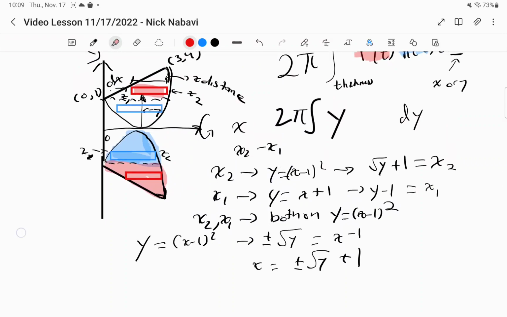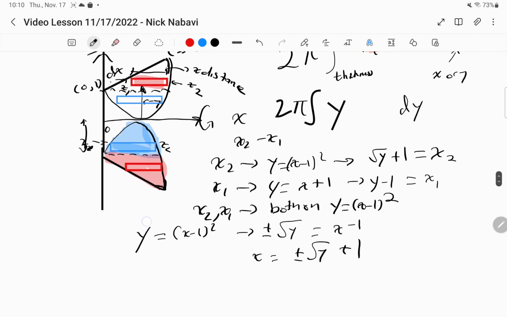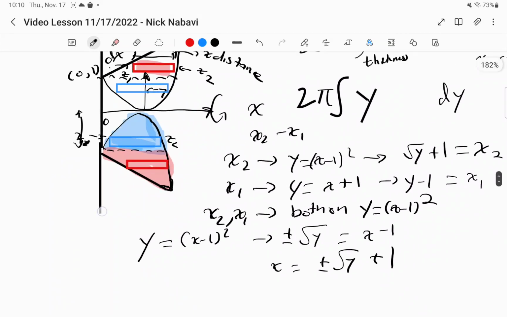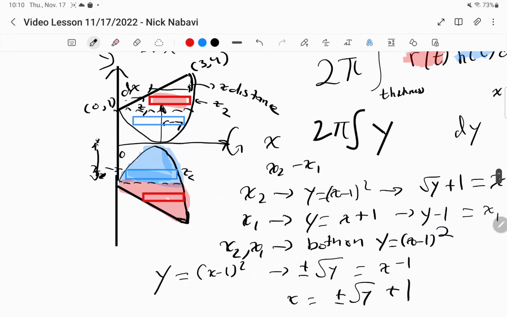And how do we split this up? Well, from here to here, what are the y values? These are negative, this is just the mirror, but it doesn't matter. From here to here, we go from 0 to 1. Let's tidy things up a little bit.